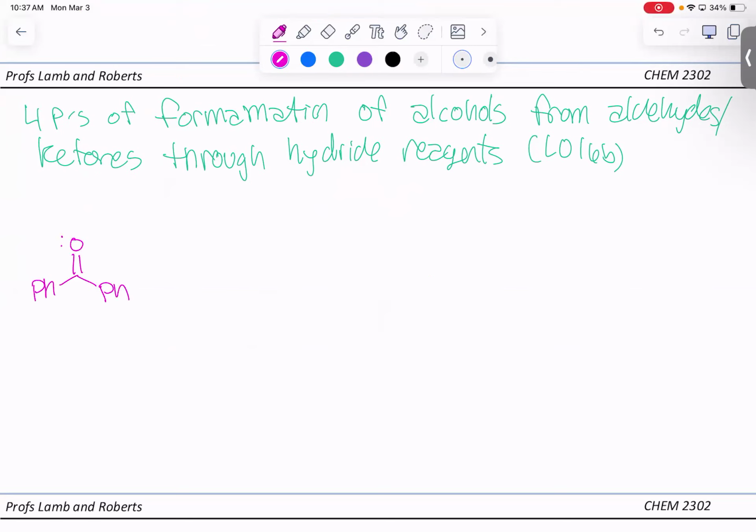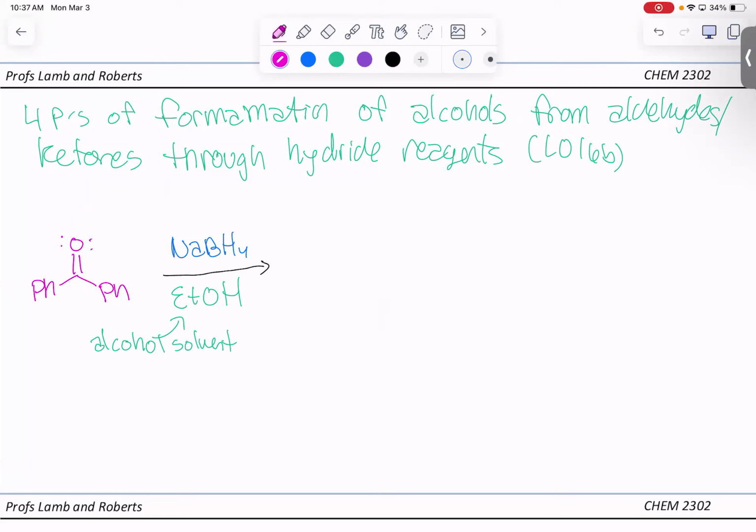And we learned that you can use a hydride reagent such as sodium borohydride, and an alcoholic solvent. I'll just use ethanol as an example, but it could be any alcohol. We could use isopropanol, we could use methanol, tert-butanol if we were going to heat it, any alcohol.